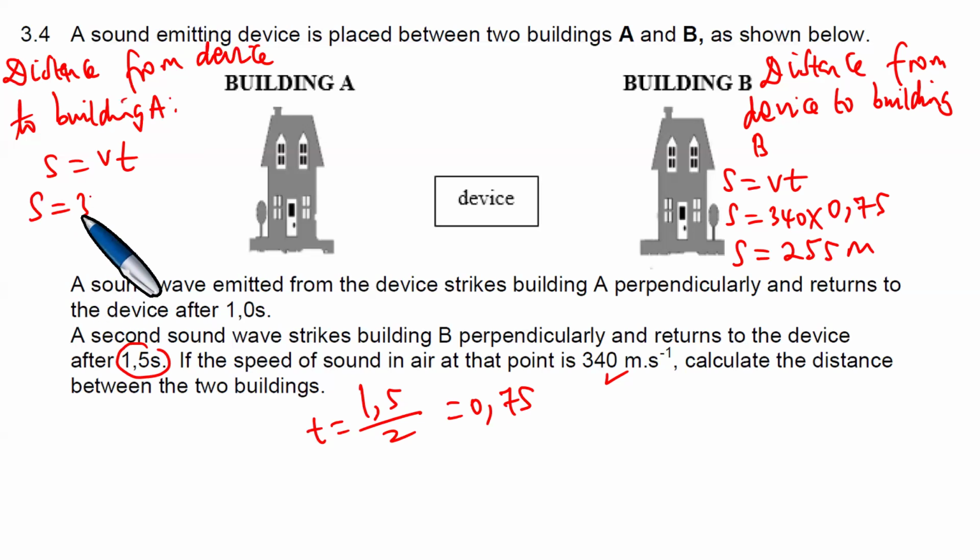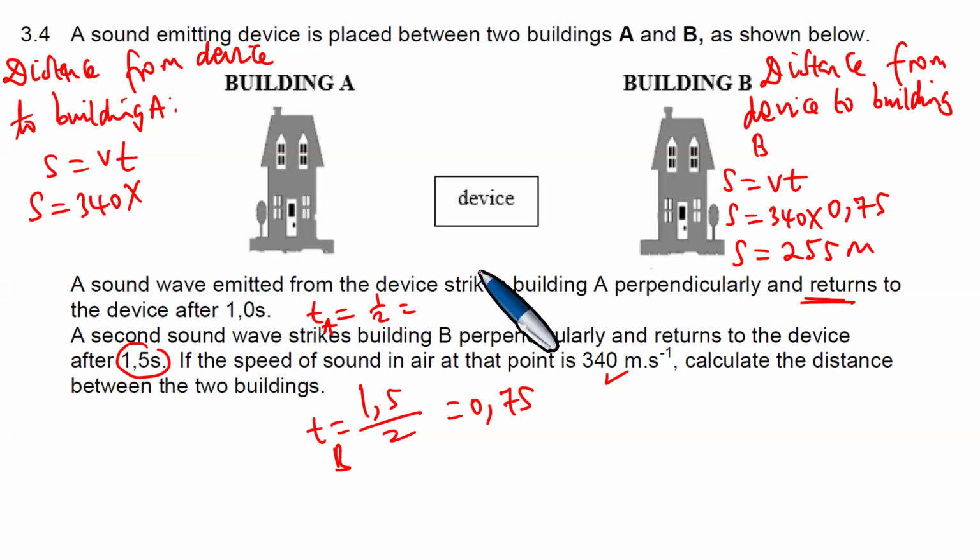So which means that the speed is 340 of the sound, but the time now for the device strikes building A perpendicular and returns to the device after 1 second. So the time associated with A, this one associated with A, is going to be 1 divided by 2, because you are thinking about the return.